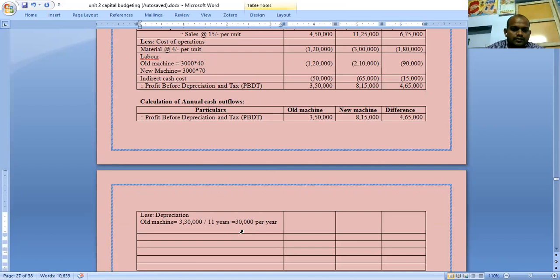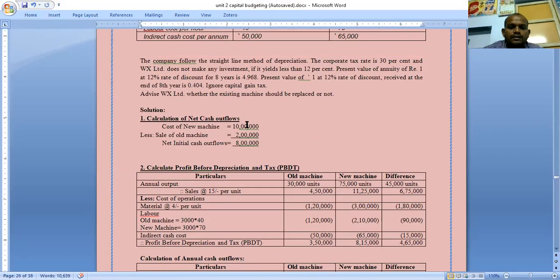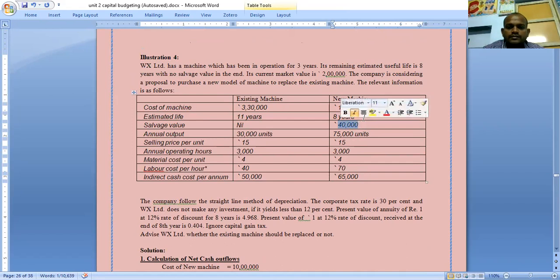For the new machine, we have a salvage value here. 10 lakhs, and we have a salvage value in the 8th year. We have to deduct it and then divide by how many years? 8 years.